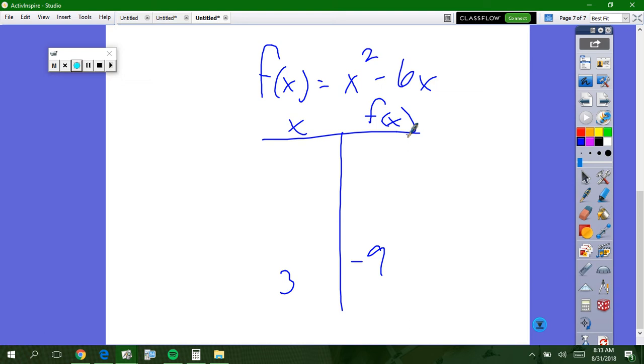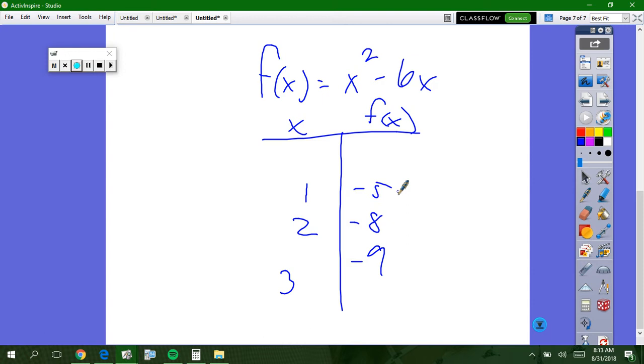2, let's try 2, okay? 2 squared is 4, right? Minus 6 times 2, which is negative 12, so 4 minus 12 is negative 8. Now, key quick thing, let's pick 1 just for kicks and giggles. 1 squared is 1, minus 6 times 1, negative 6, 1 minus 6 is -5.